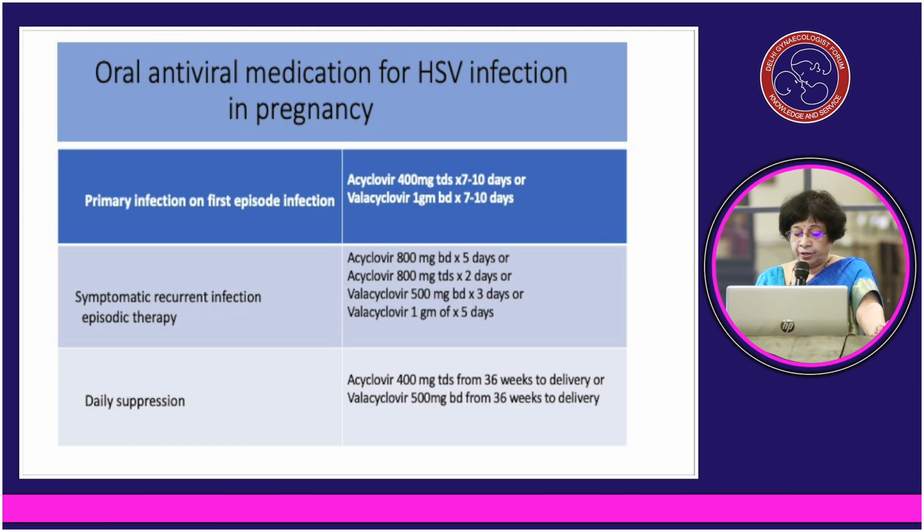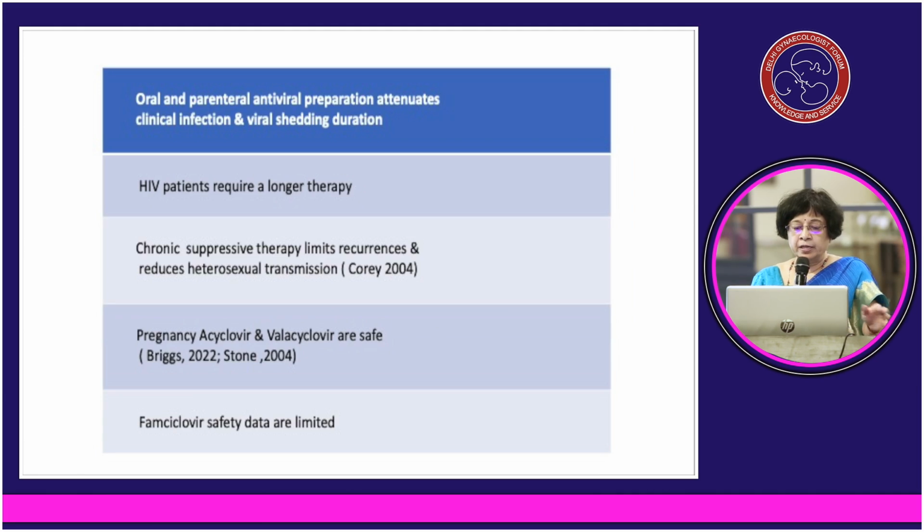Daily suppression, if required, is acyclovir 400 milligrams TDS from 36 weeks to delivery, and valacyclovir 500 BD from 36 weeks to delivery. Oral and parenteral antiviral preparations attenuate clinical infection and viral shedding duration.